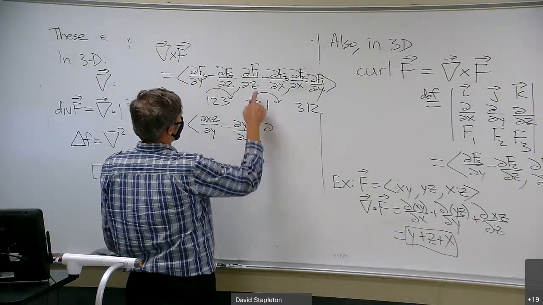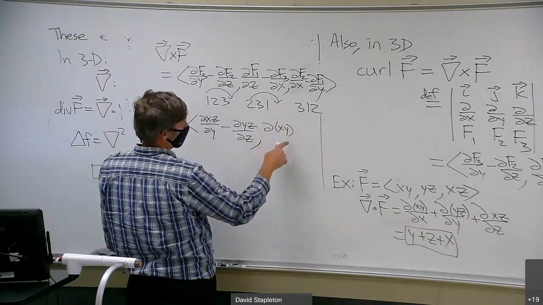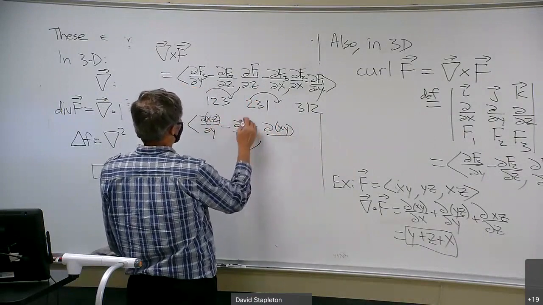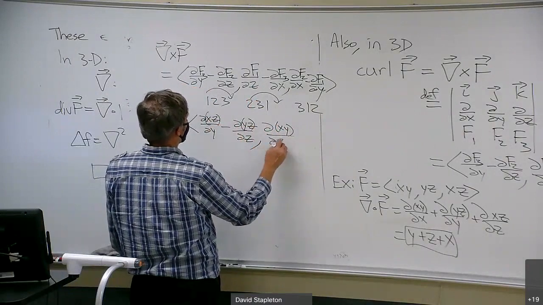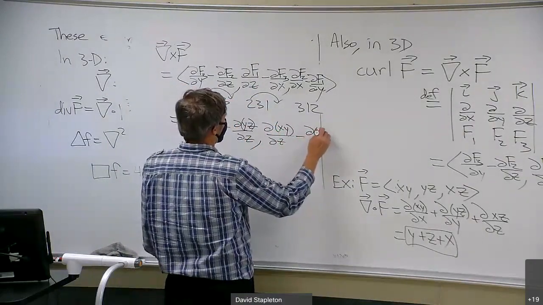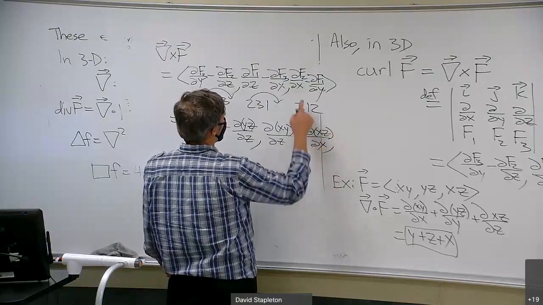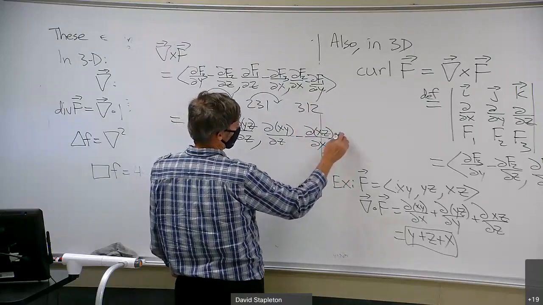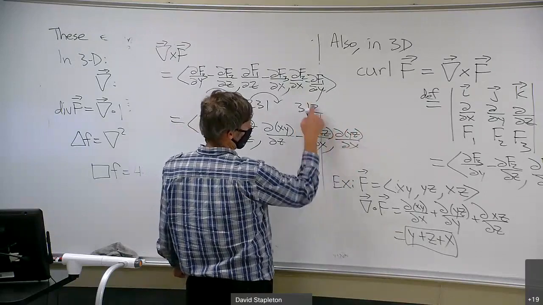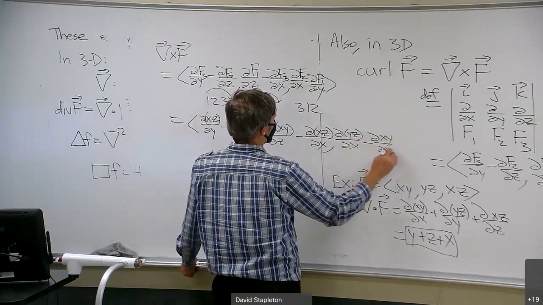And then we're going to take derivative of f1, that's xy, with respect to z, minus derivative of f3, xz, with respect to x. And finally, df2 is partial of yz with respect to x minus df1, xy, taken with respect to y.